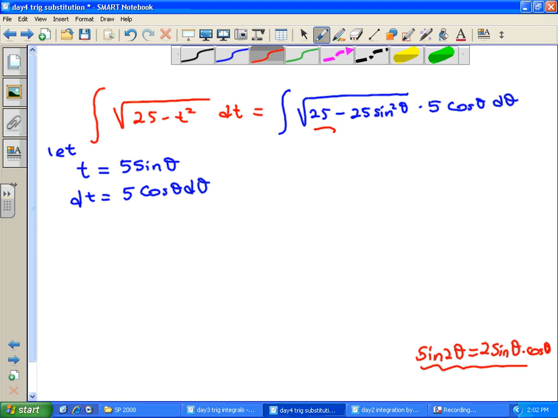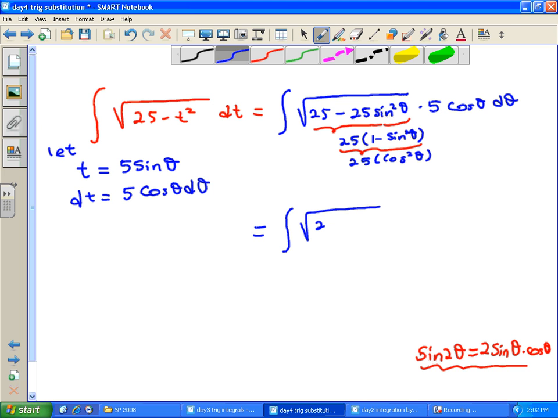So what's inside the square root can be simplified as, take out a 25, and then what is 1 minus sine squared? Cosine squared. So when I rewrite the whole integral, I have under the square root sign just a 25 cosine squared theta. And on the outside, I have 5 cosine theta d theta.